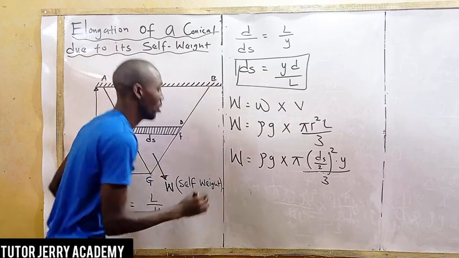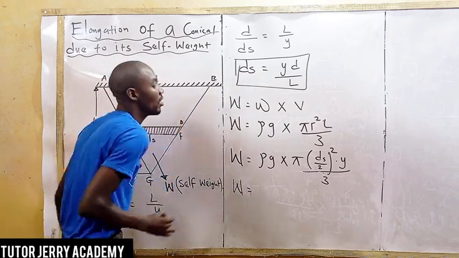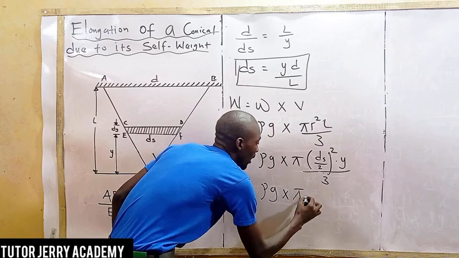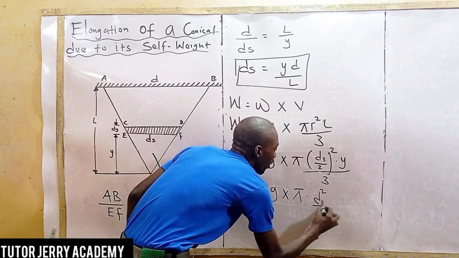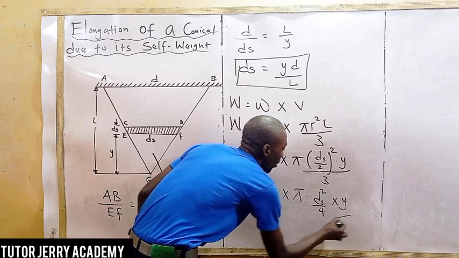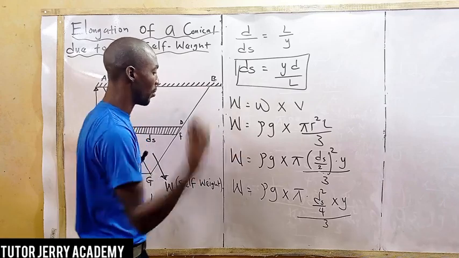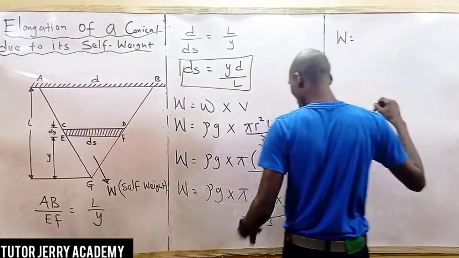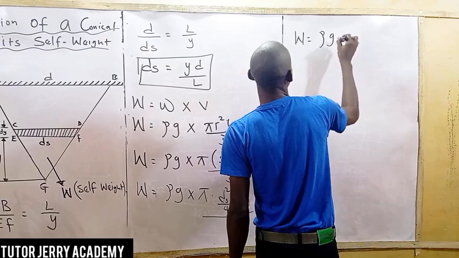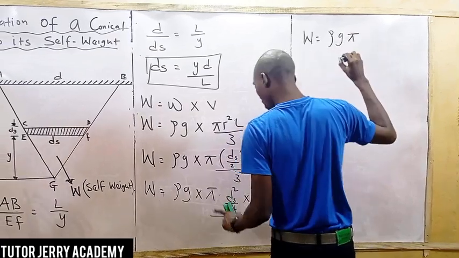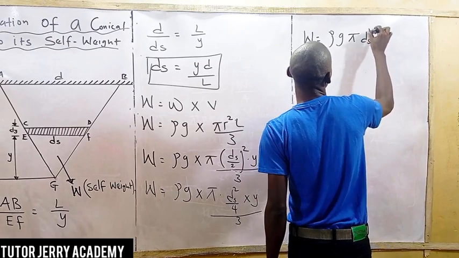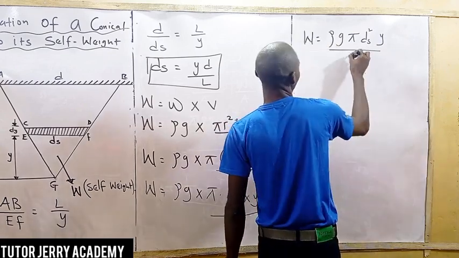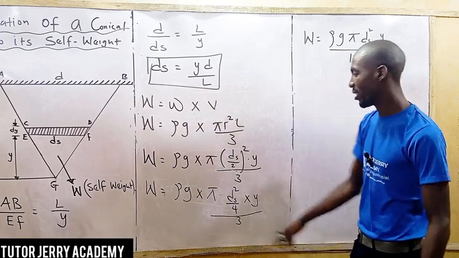From here, self weight equals density, gravity, pi times S squared over 4 times y over 3. The 4 will come down, 4 times 3.